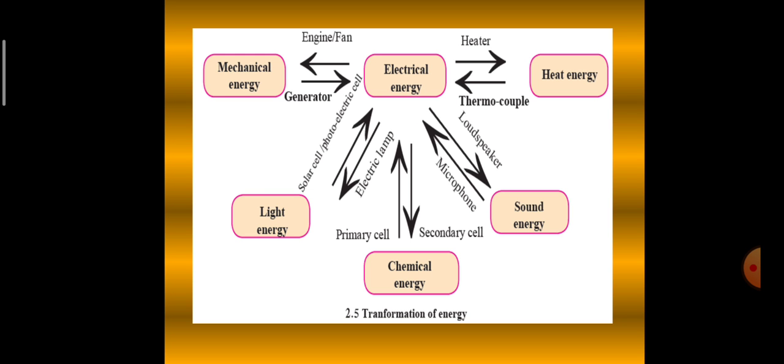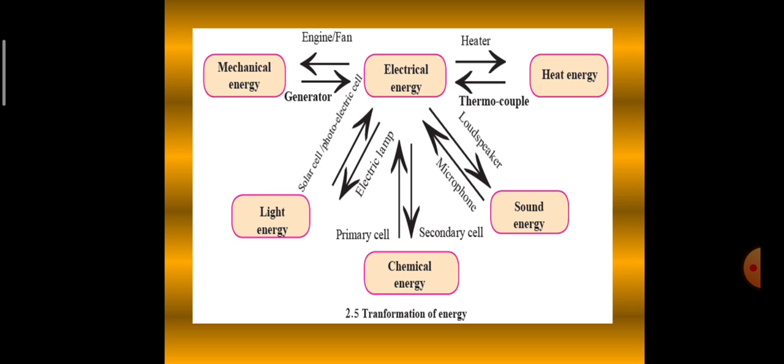Microphone converts sound energy into electrical energy. Loudspeaker or headphones, they convert electrical energy into sound energy. Solar cell or photoelectric cell, they convert light energy into electrical energy. Electric lamp converts electrical energy into light energy.